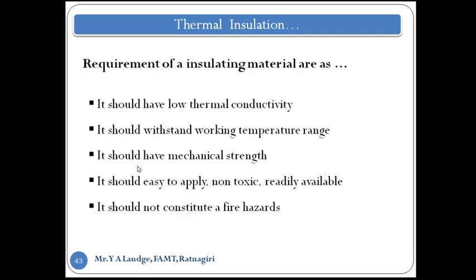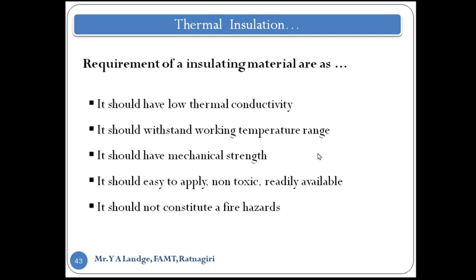So these are the requirements we consider when we select the insulating material. In the first selection, we look at thermal insulation, meaning it should have a low thermal conductivity. Only then can we reduce the losses from the pipe or the unit operation. Working temperature range is very important. Second, we look at the working temperature of the material.